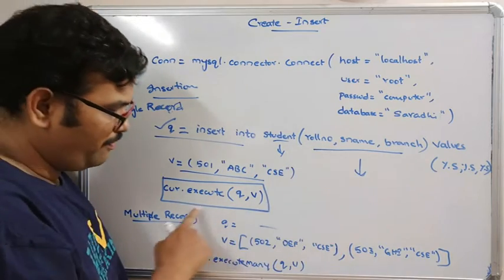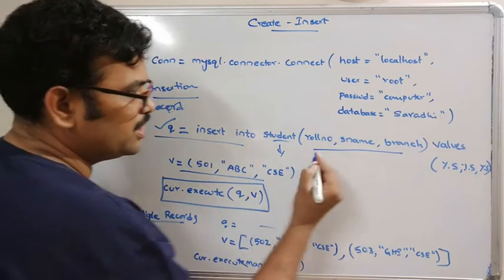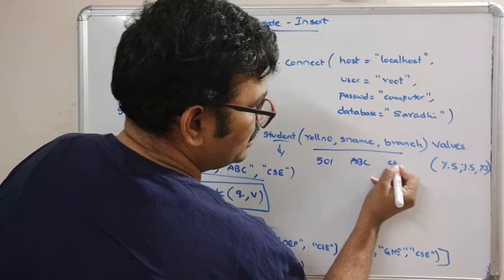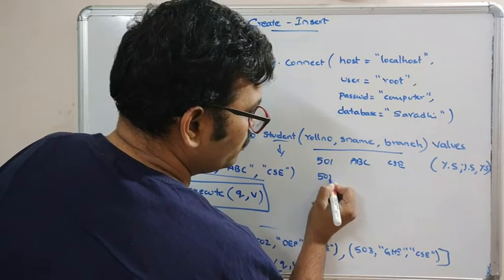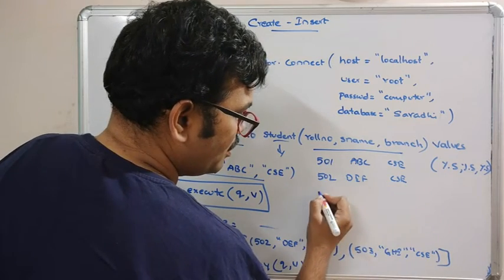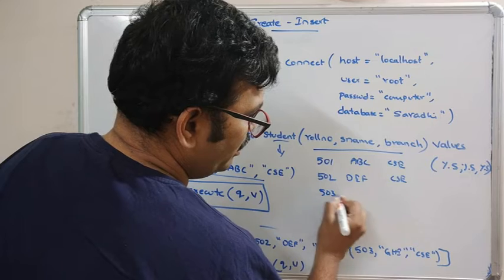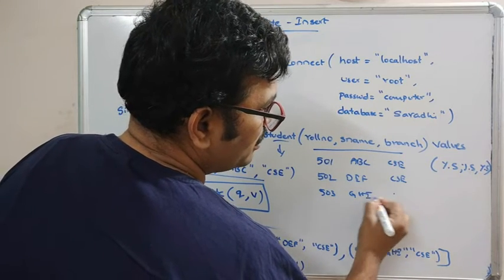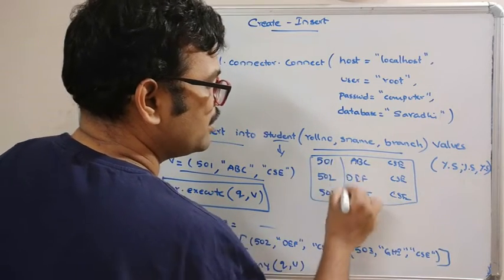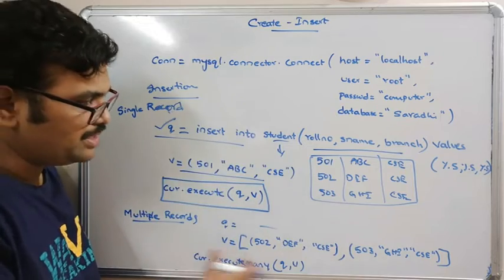So roll number 501 ABC CSC. After executing this one, we'll get 501 ABC CSC. Similarly, 502 DEF CSC. Similarly, 503 GHI CSC. So the table will be created with these records.